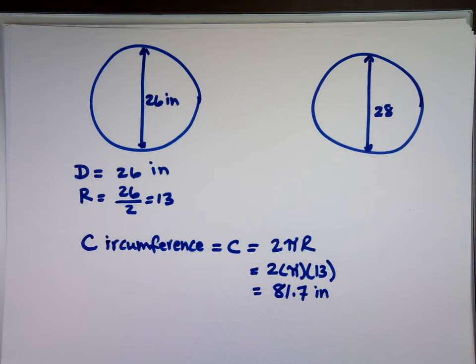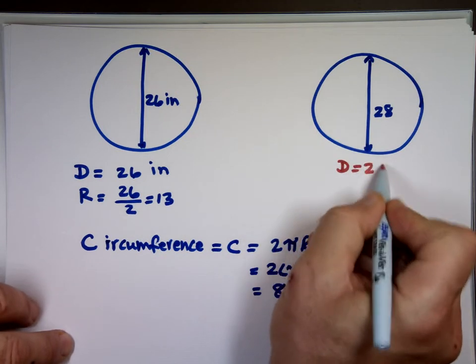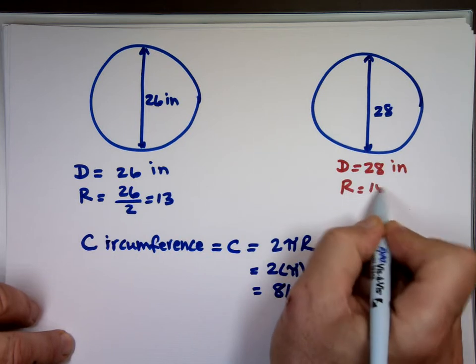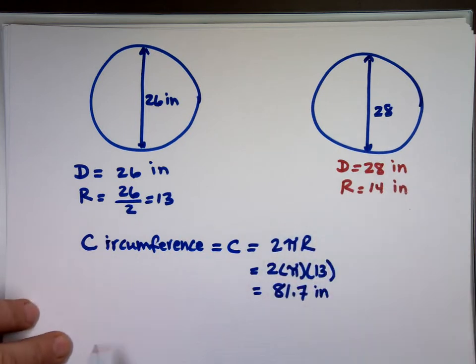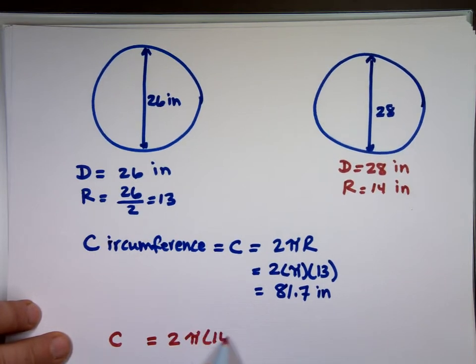Now, if you put bigger tires on your car, diameter here is equal to what? 28 inches. What's the radius? 14 inches. What's the circumference? If you make one turn, how far did you travel? 2 pi times 14.